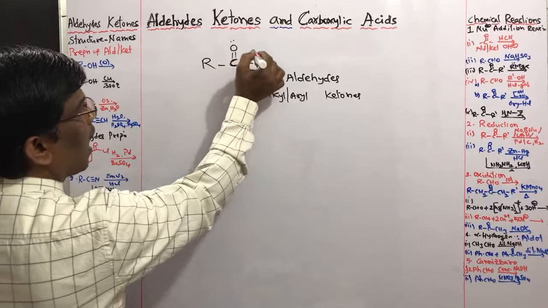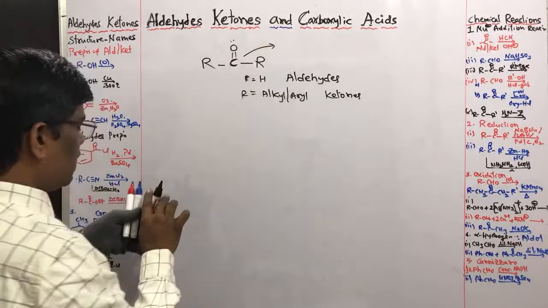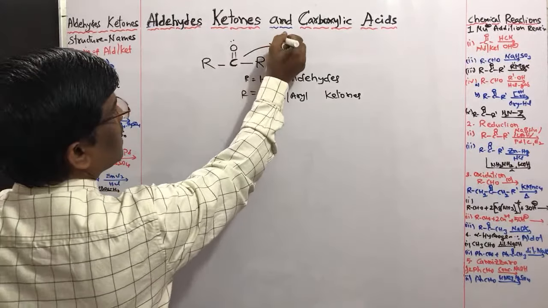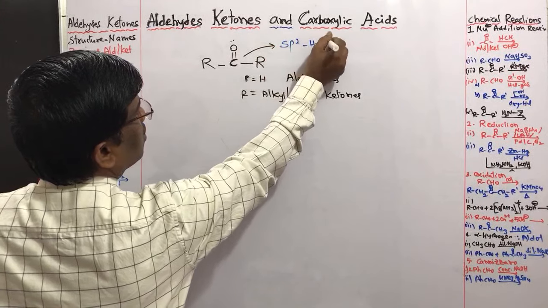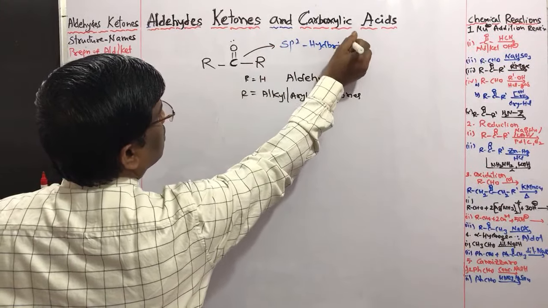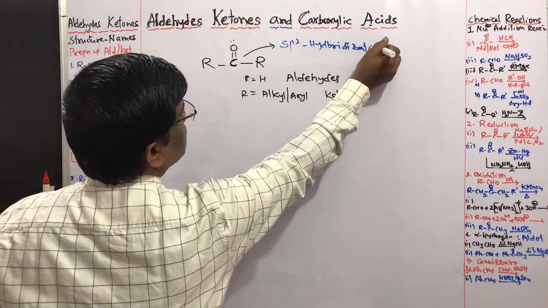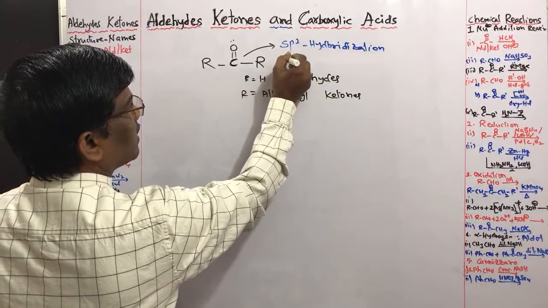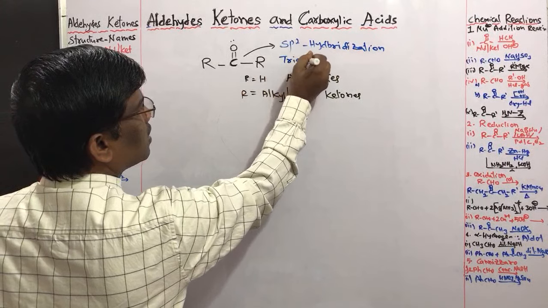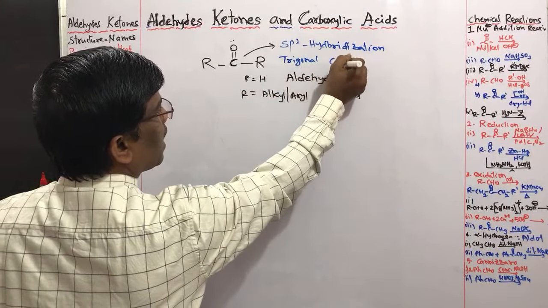Overall hybridization of carbon in carbonyl compounds is sp2 hybridization. What is the shape of sp2 hybridization? It is trigonal coplanar.